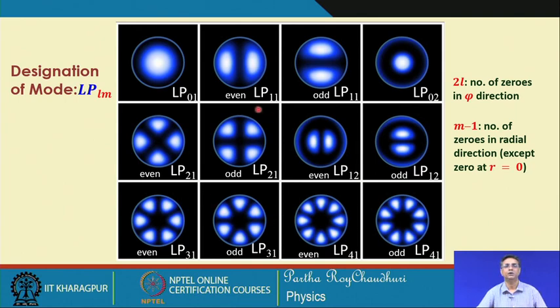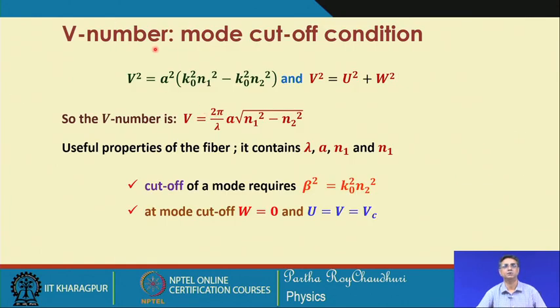But usually when you have a multimode fiber, all the lower order modes will be coexisting, so it is difficult to visualize the higher order modes separately, but there are methods and mechanisms to view that. Now, we have an important parameter, as I have mentioned, the V number.